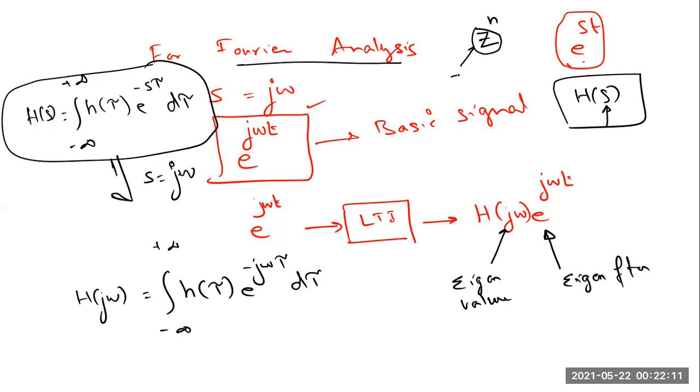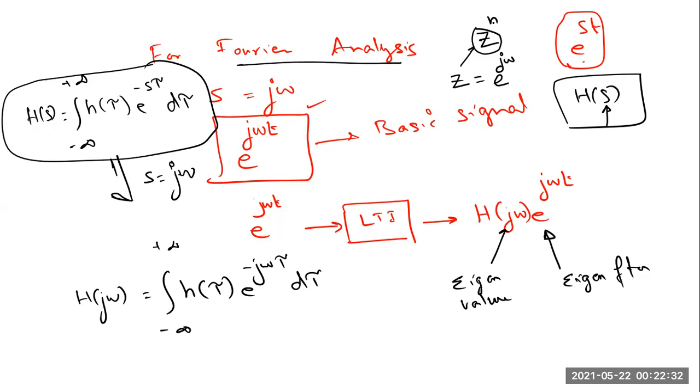So what type of value should z have? z is equal to e raised to power j omega. Now this is a complex number, but you can see that its magnitude is always equal to 1.